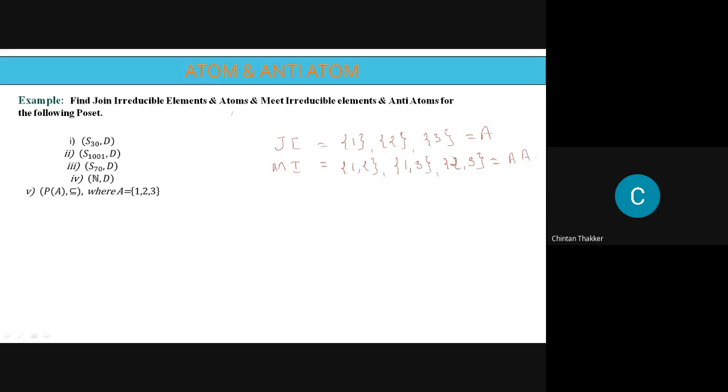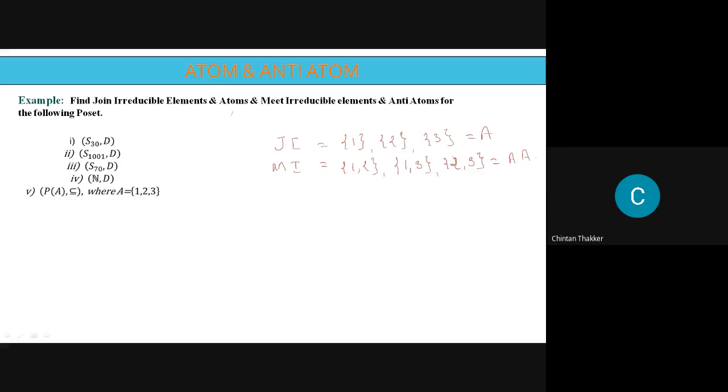So join irreducible means an element A cannot be expressed as a LUB of two different elements. In a hash diagram, an element with only one line coming from the downside is called join irreducible.